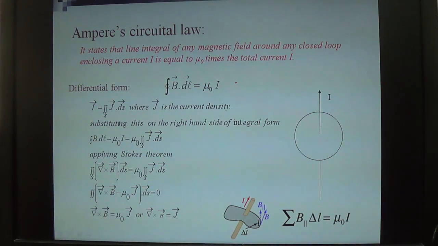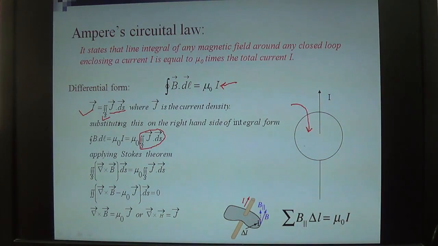In Ampere's law, the current I can be written in terms of the current density like this: I is equal to the open surface integral of J dot ds. Why do we choose the open surface integral and not the closed surface integral? The physical situation is this one.